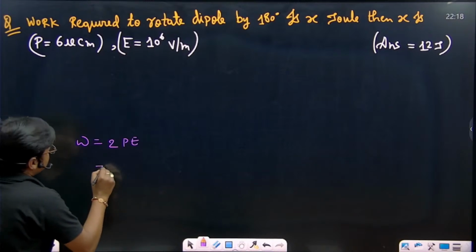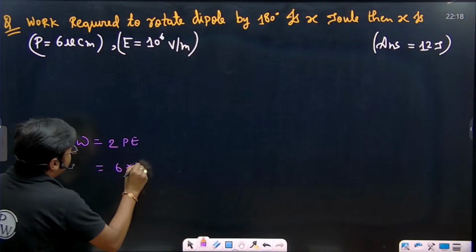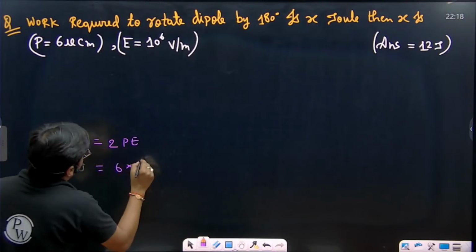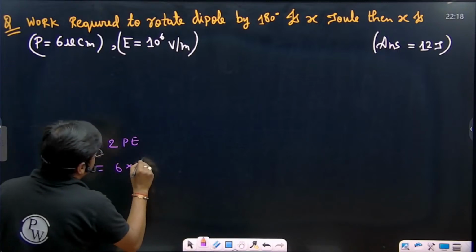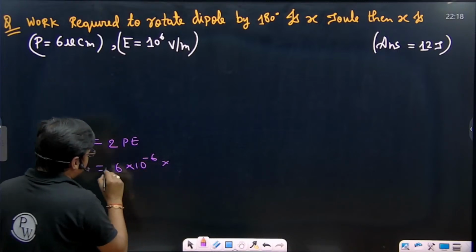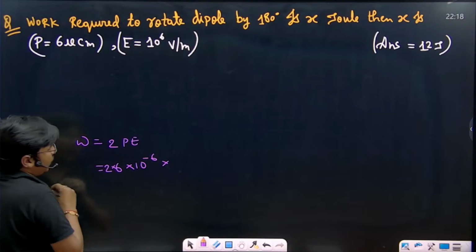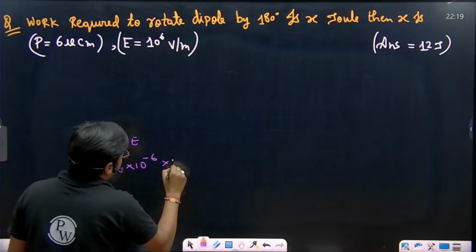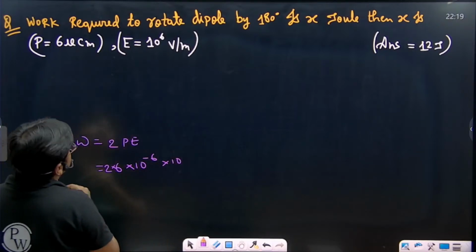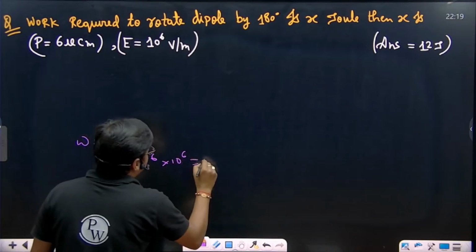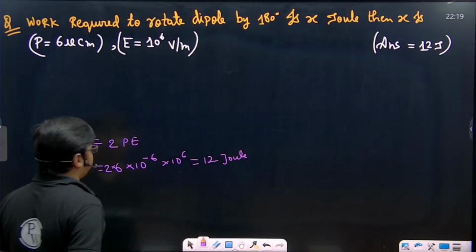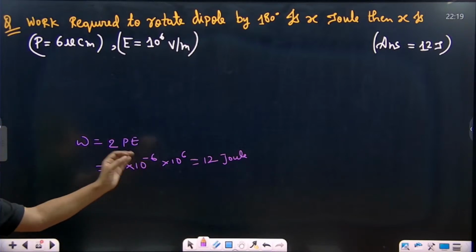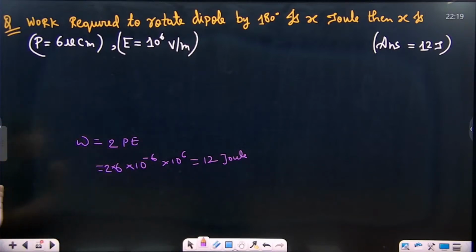P is 6 into 10 to power minus 6, multiplied by 2, into E is 10 to power 6, which gives you 12 joule. I think this is again integer type. Straight away question. These are very basic questions, straight from the formula. Just take care of the calculation part.